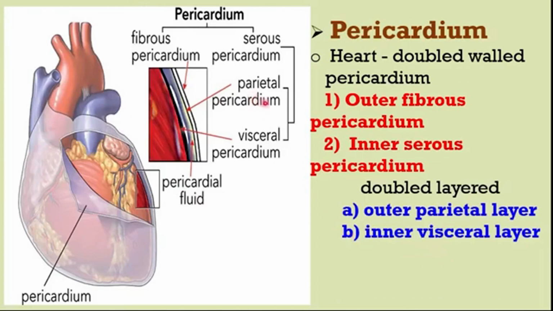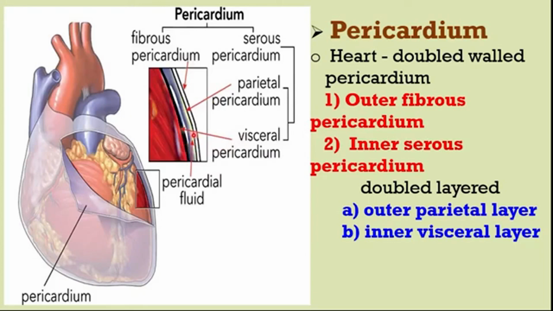The outer parietal layer is fused with fibrous pericardium. It is present next to fibrous pericardium. And the inner visceral layer is adhered to the surface of the heart and forms the outer layer of the heart, that is known as epicardium.